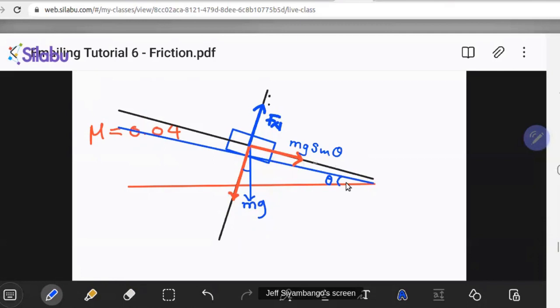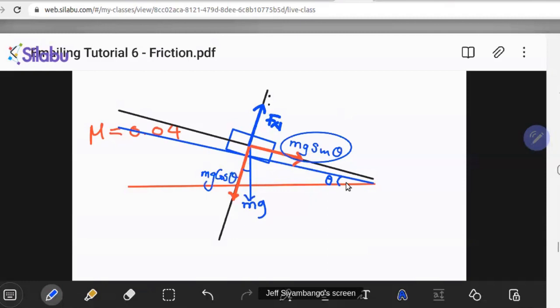It will never change, unless the angle you're given is the one on this side, then here you're going to have cos instead of sine. But if the angle given is this one here, then you always have sine here, and going downwards you have mg cos theta.